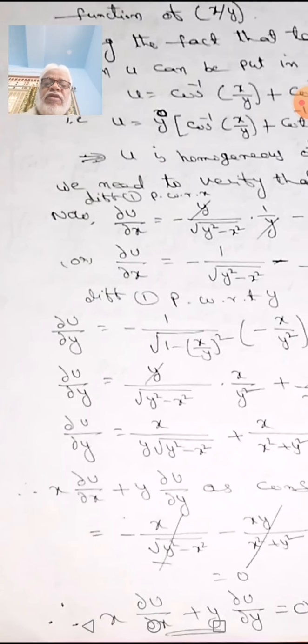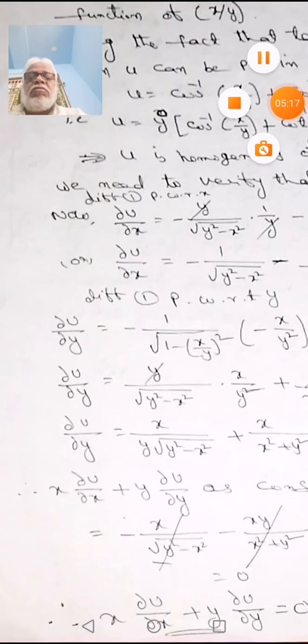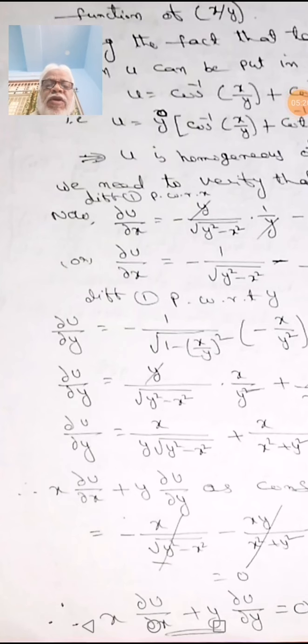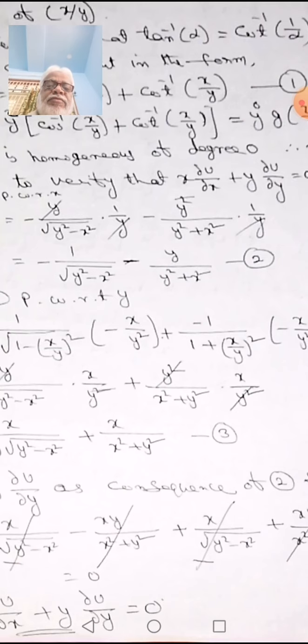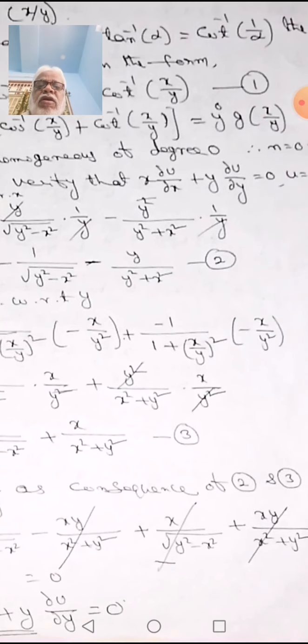After simplification, we get ∂u/∂y is y by under root of y square minus x square into x by y square, because minus into minus becomes plus, plus y square by x square plus y square into x by y square, because minus into minus again becomes plus.